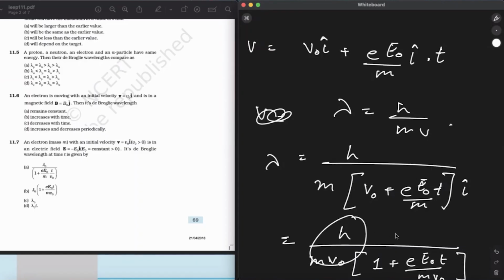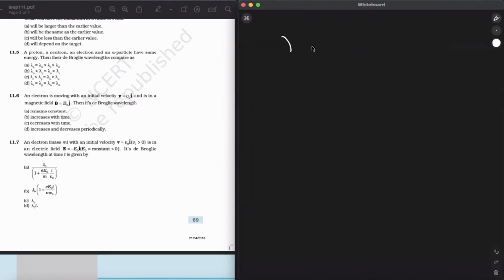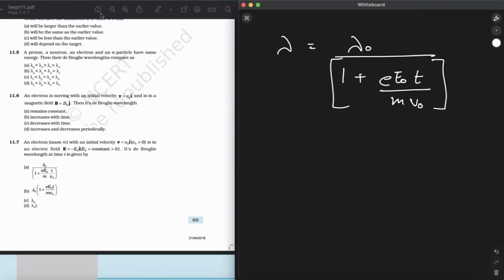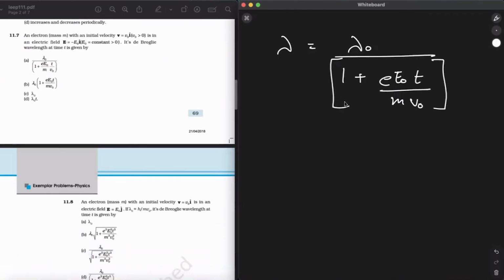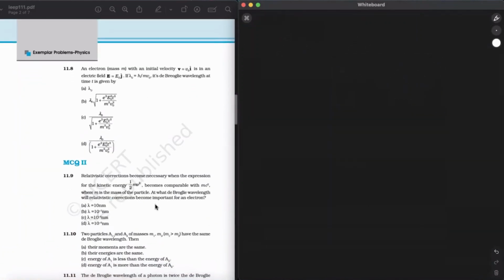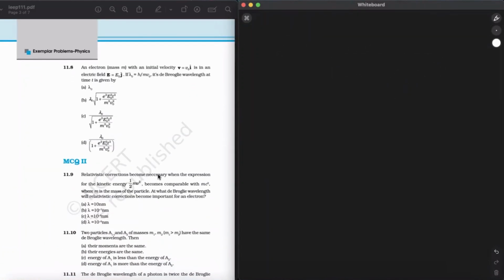So this is the lambda initial, lambda naught. Lambda will be equal to lambda naught divided by 1 plus e E naught t divided by m v naught. Moving forward, we have done question number 7. I hope you understood this basic question. Now we have question number 8.